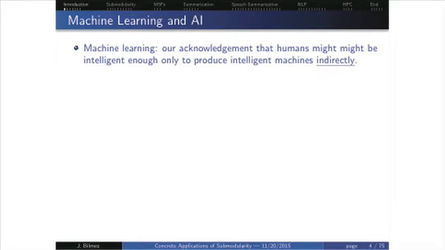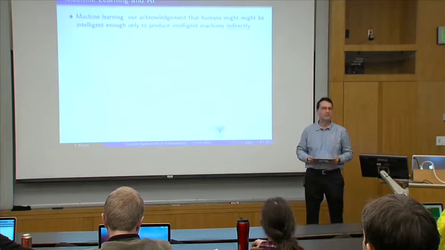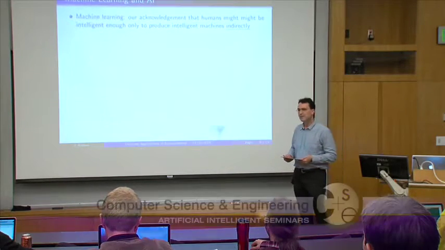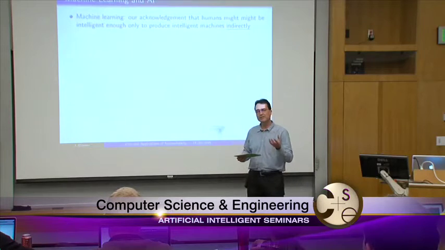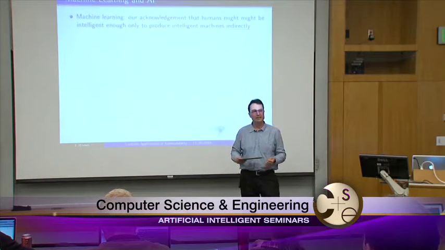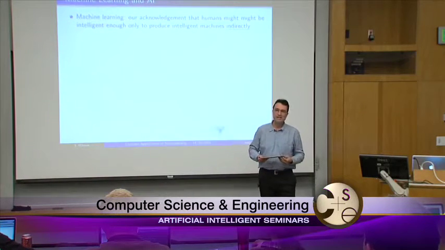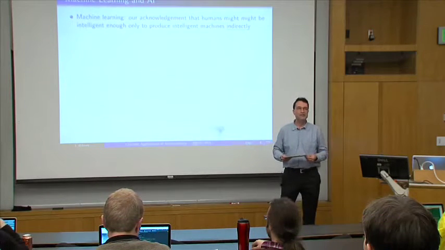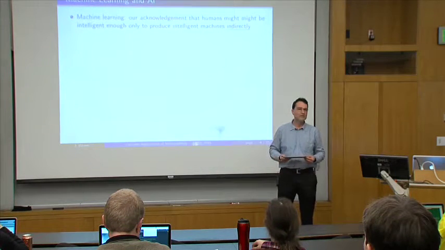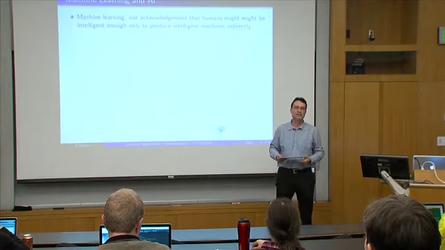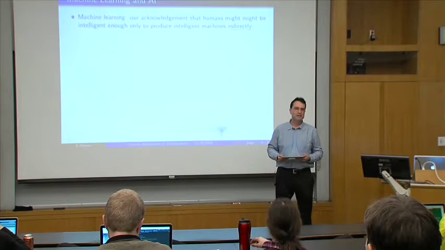Around that time, I think people started to realize that maybe humans aren't intelligent enough to write programs directly that can act intelligently. From that perspective, machine learning is essentially the study and science based on an acknowledgement that humans perhaps aren't intelligent enough to directly write programs that act intelligently.